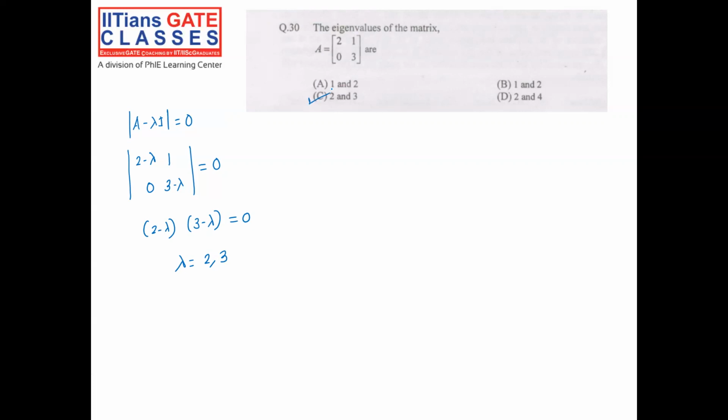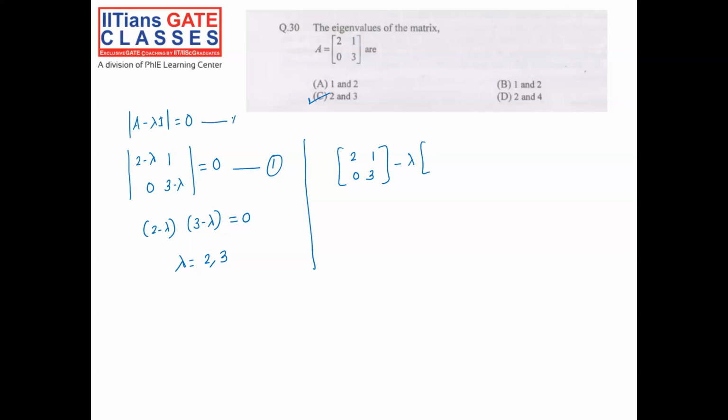Just to give you an idea of how I have directly written equation number 1: here the matrix A is 2, 1, 0, 3 minus lambda times the identity matrix.